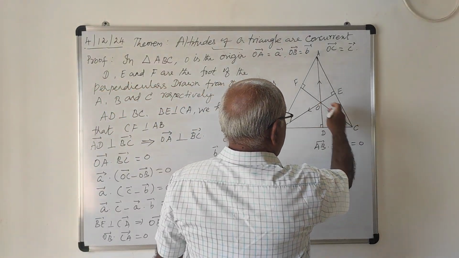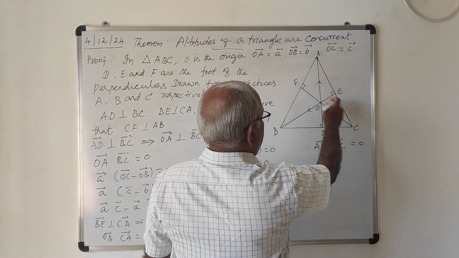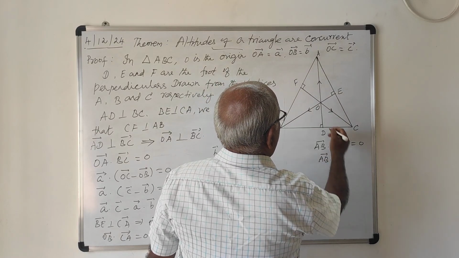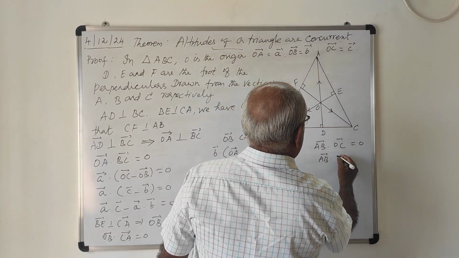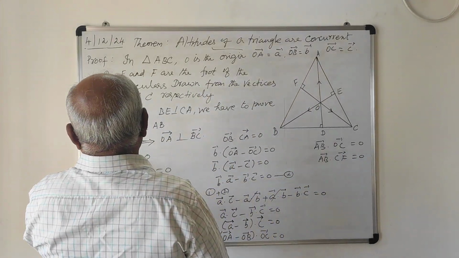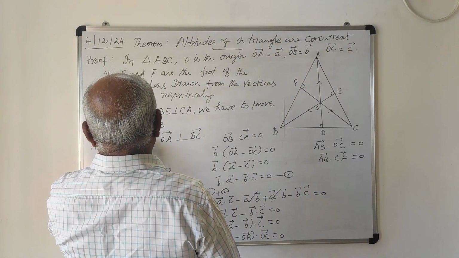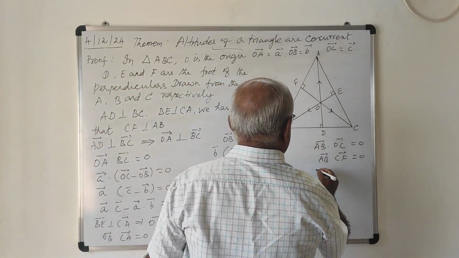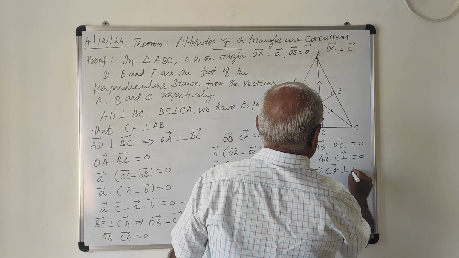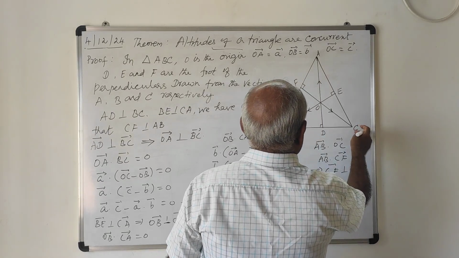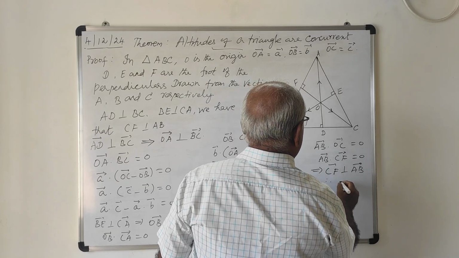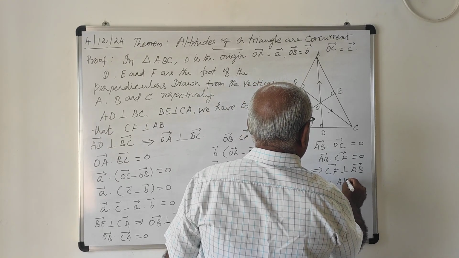OC is on the line CF. Therefore, AB dot CF equal to 0. We have to prove CF is perpendicular to AB. This implies CF is also perpendicular to AB.